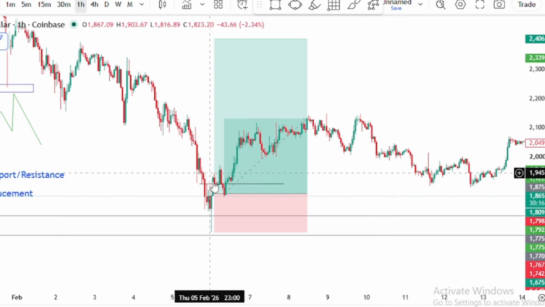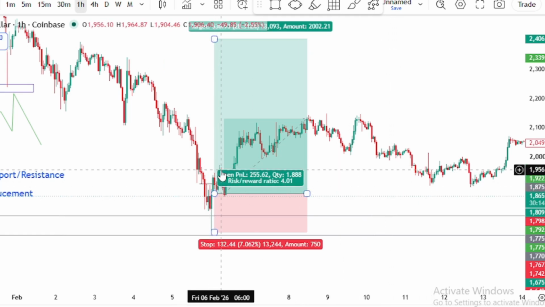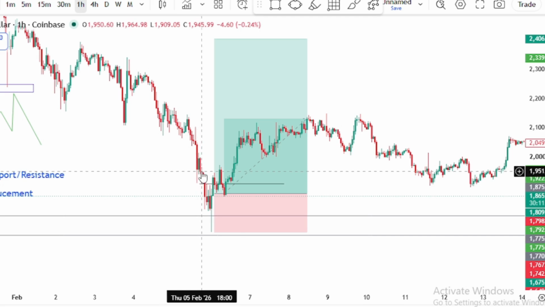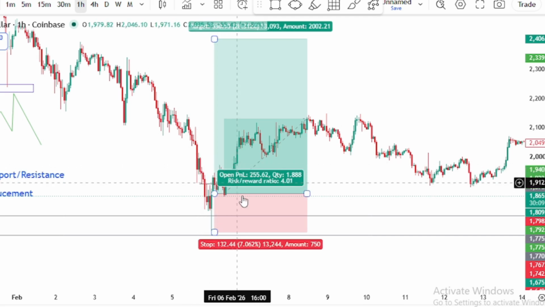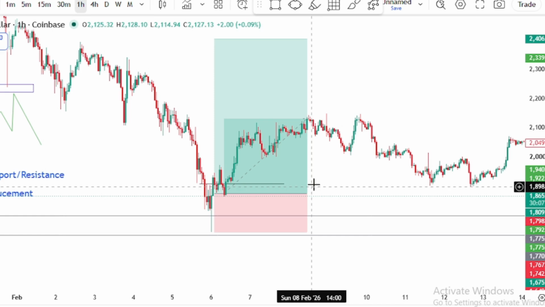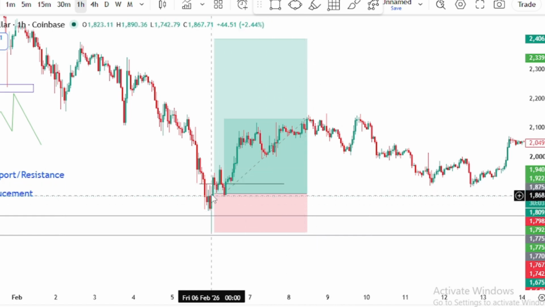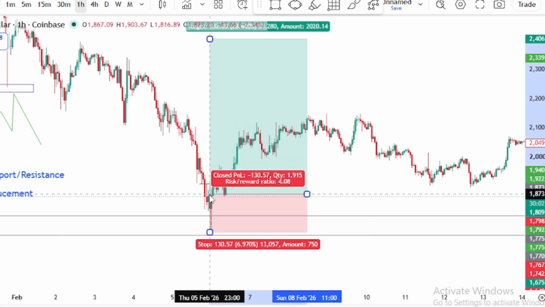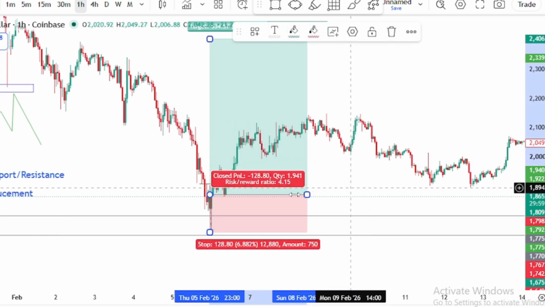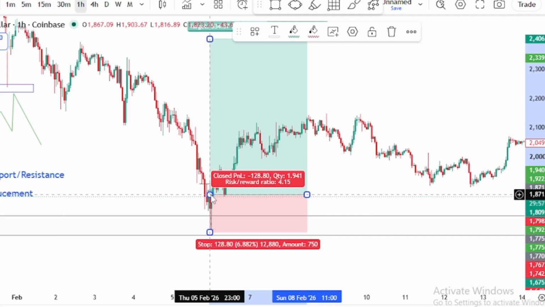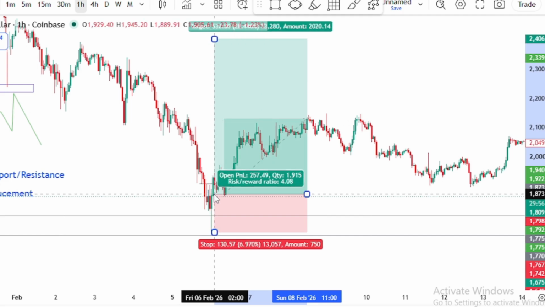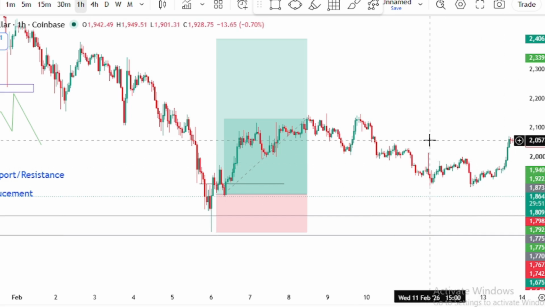Here is inducement, and after creating this inducement, price came back and took out the inducement. After taking out the inducement, it mitigated the order block here. Here is the order block that price mitigated. So it's as simple as that.